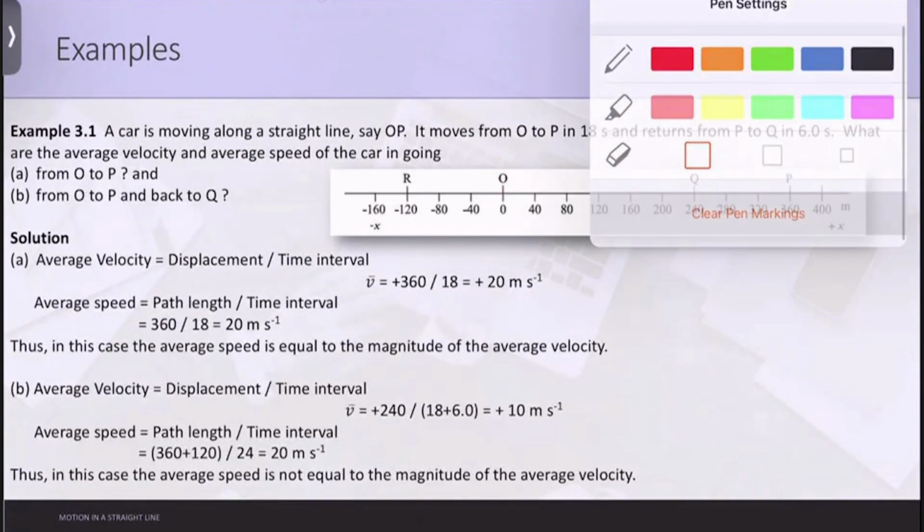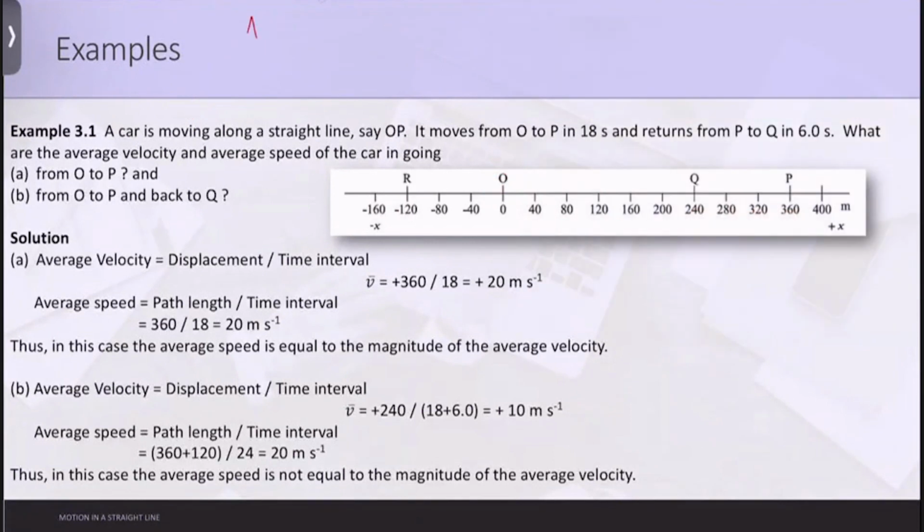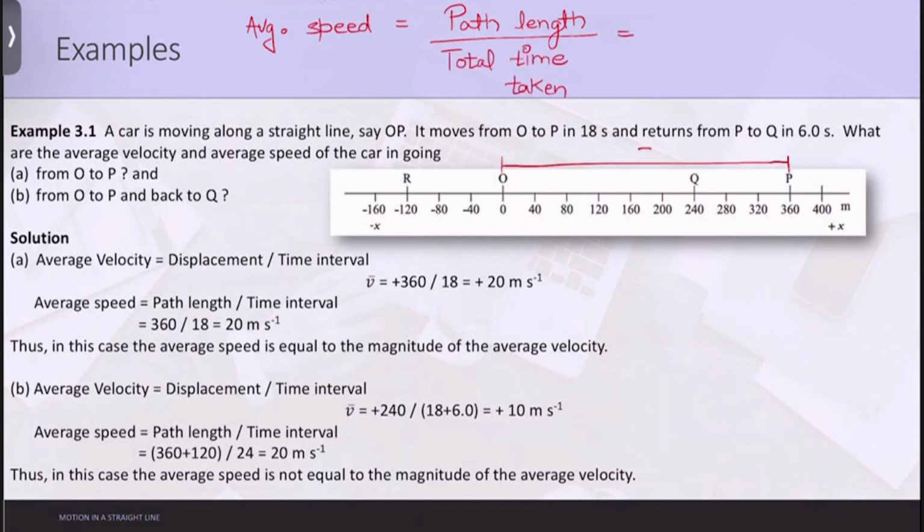Okay, so as you can see, plus 10 meter per second is the answer for this. Moving on, let us find out the value of average speed now. What is average speed? So average speed will be nothing but equal to path length upon total time taken. Okay, so what is the path length? Path length will be O to P, which will give you plus 360 plus this value, which is 120. So it will be 360 plus 120 upon 18 plus 6.